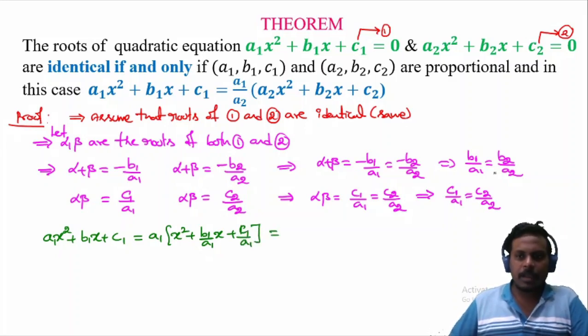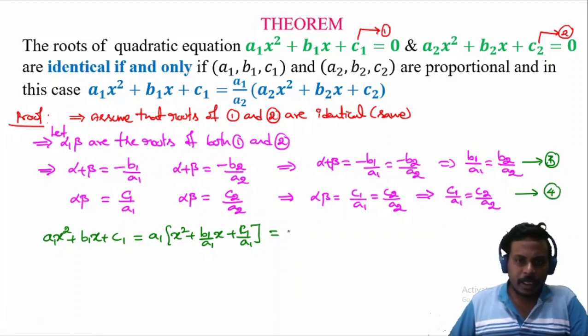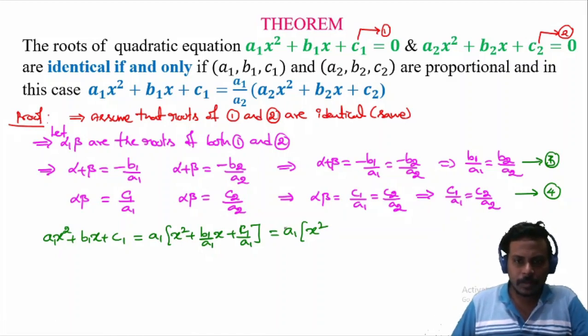Now let me call this as equation 3. Let me call this as equation 4. Then if I substitute equation 3 here, then I get b2 by a2 into x plus c2 by a2.